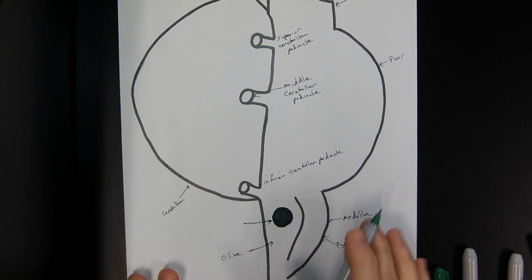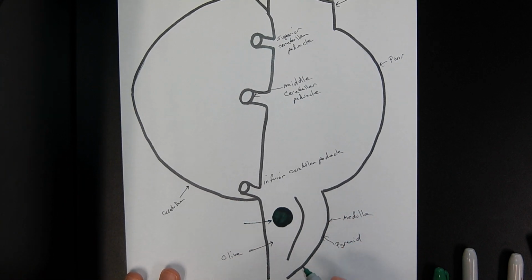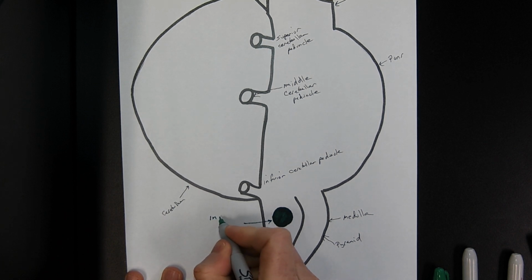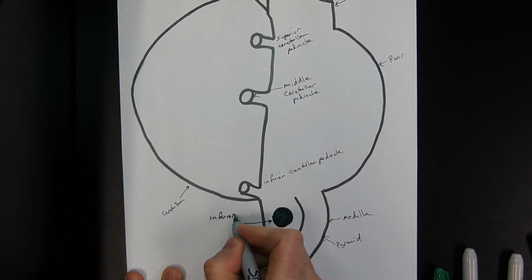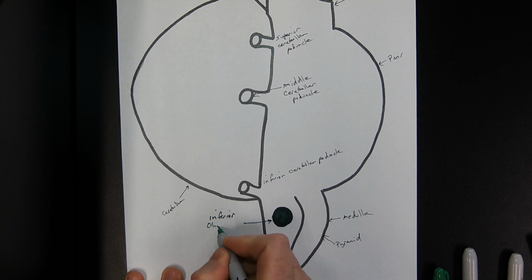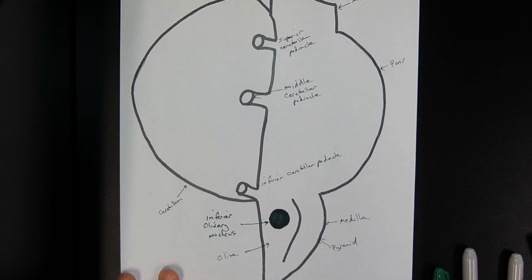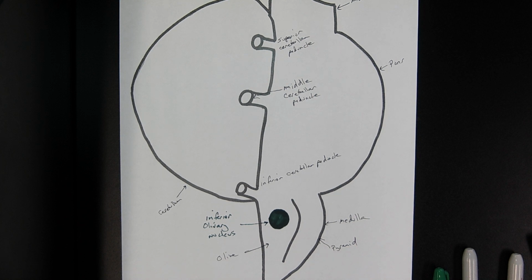This is known as the inferior olivary nucleus. Okay, your inferior olivary nucleus is inside that olive bump in the medulla.